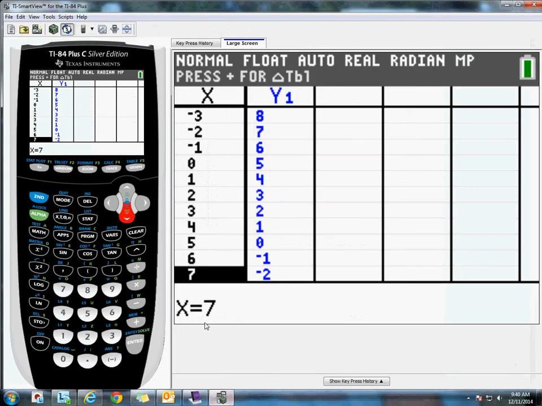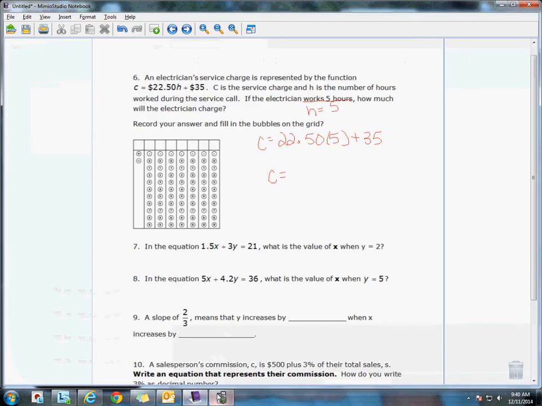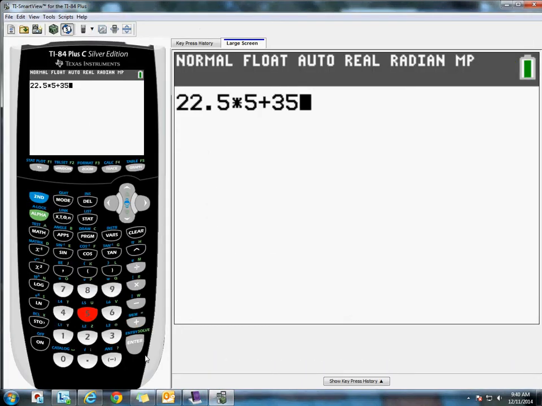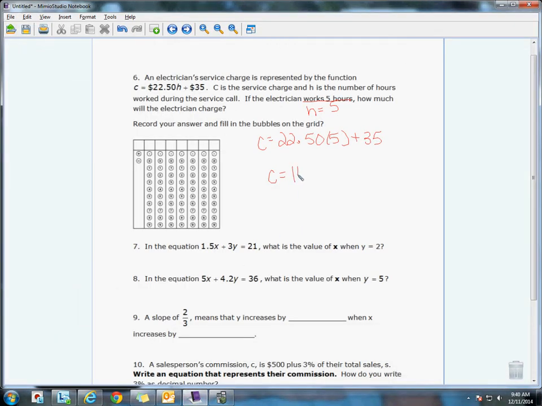So we have 22.50 times those 5 hours plus that $35 attached to the end. We hit enter, we get $147.50.